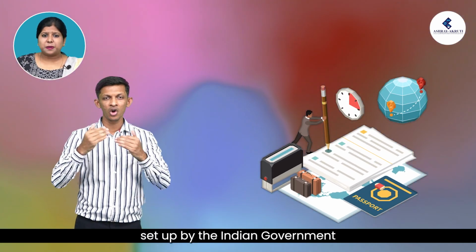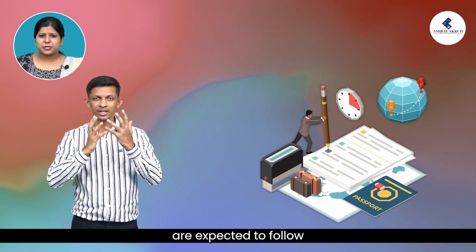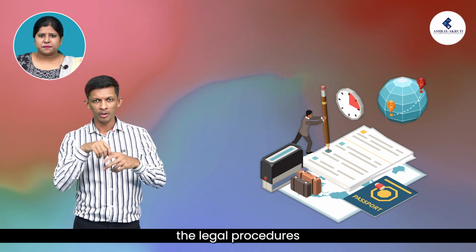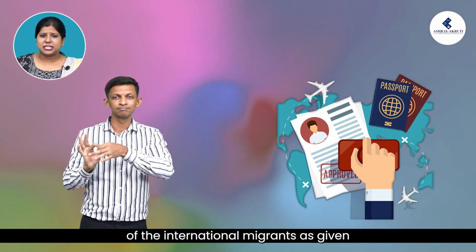Embassies set up by the Indian government in different countries are expected to follow the legal procedures and protect the welfare of the international migrants as given in the Immigration Act.